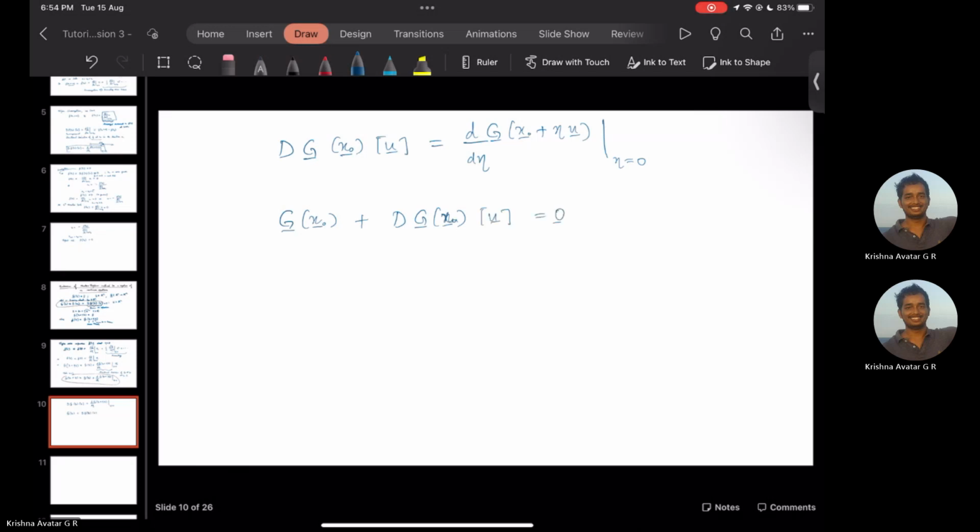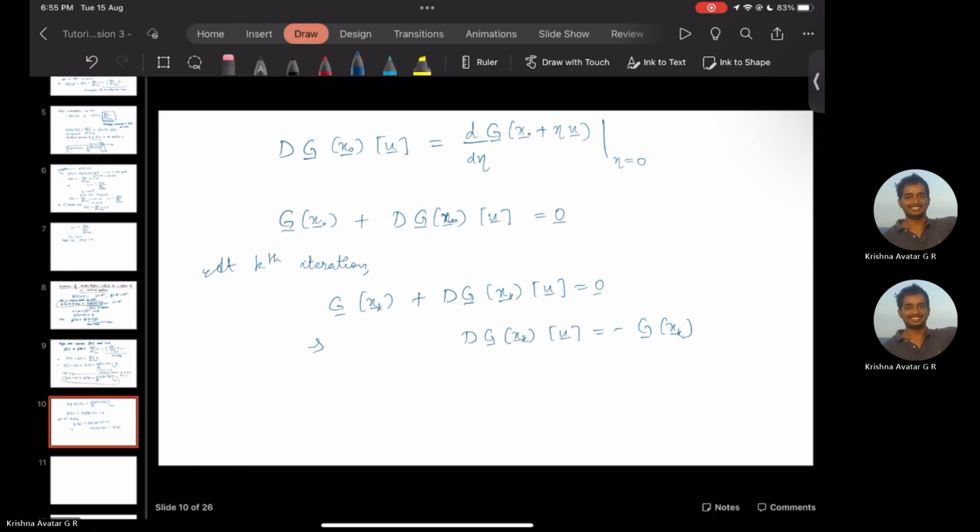The x naught will be set to 0, and then following the same process, at the kth iteration level we'll have g vector of xk vector plus dg at xk vector along the direction u vector equal to 0 vector. And this you can write as d of g vector at xk vector times u vector equal to minus g vector of xk vector.